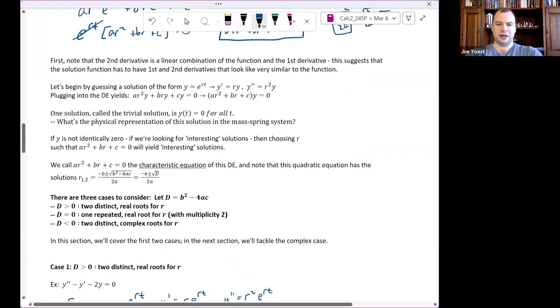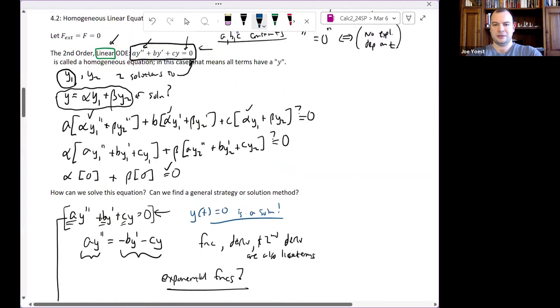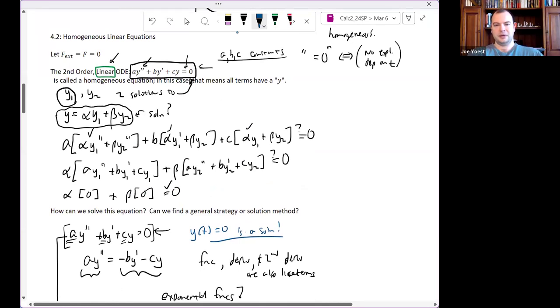This is where that linearity comes in. Remember, because we have the equals 0 over here, as well as each of these terms just being a y or a derivative of y, I don't have a y prime squared or a sine of y or something like that.